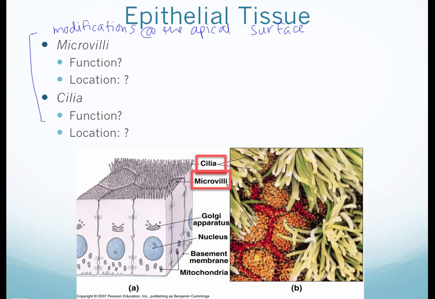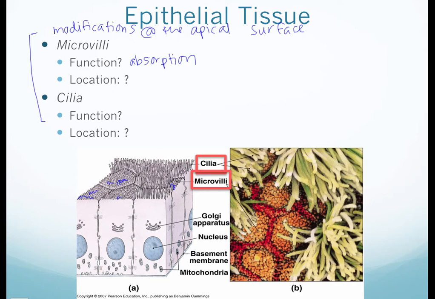And so we have two modifications. The first thing we can have are what are called microvilli. So these are microvilli over here. All of these are microvilli. And these look like little finger-like short projections. And the function of these microvilli is absorption. Okay, and where do you think you're going to want to have a lot of absorption?